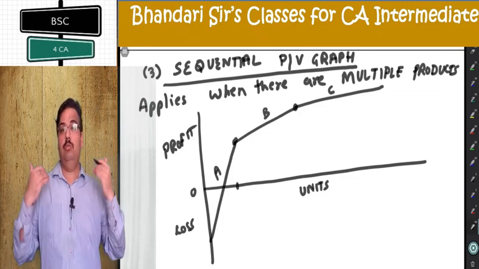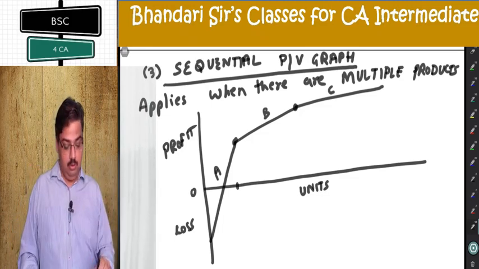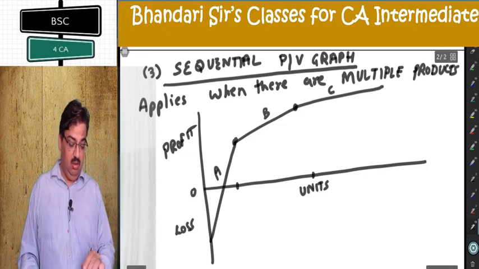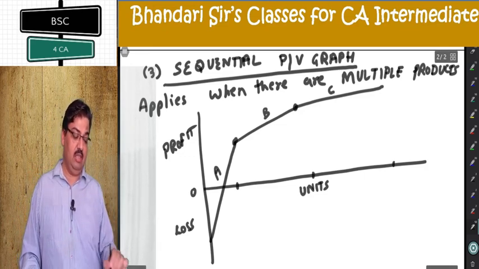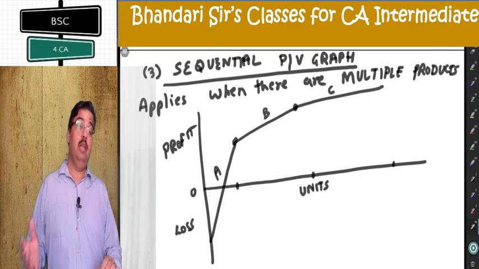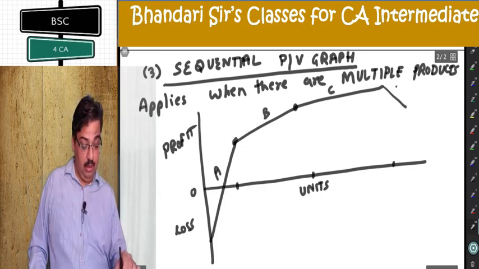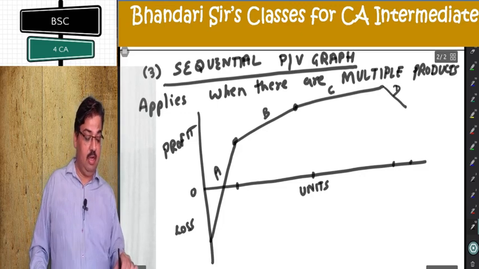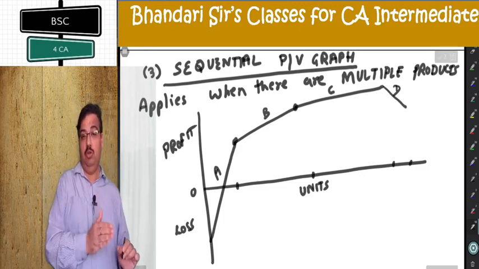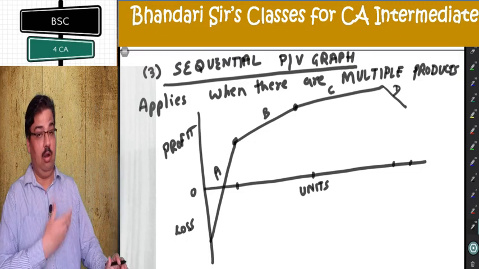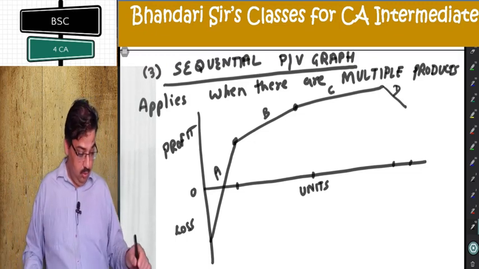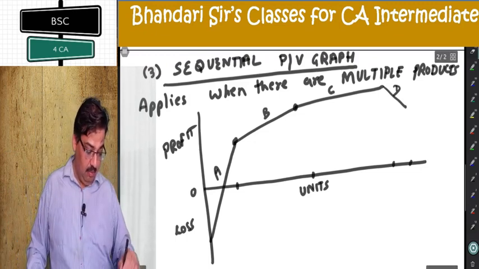From loss, you suddenly jump into profits. For B, it is less slant. For C, it is even lesser slant. I don't think you will make a product with this type of slant. You will not like to make D like this, because if there is negative contribution or profit declines, I will not make that product. So, D I will eliminate. I will not make D.